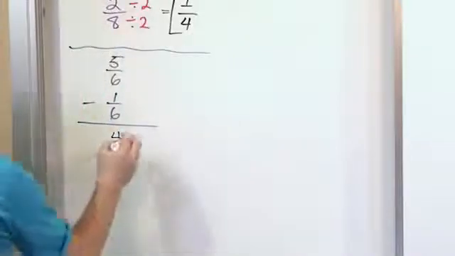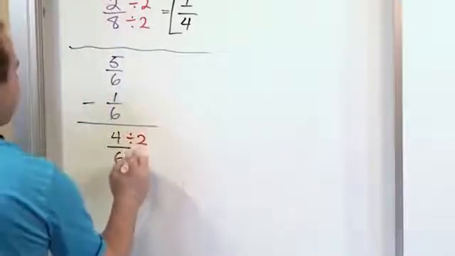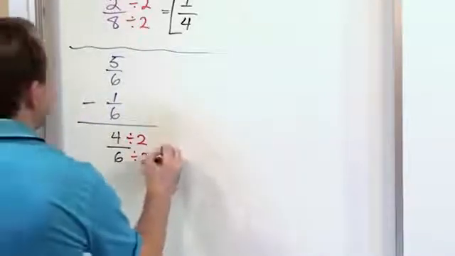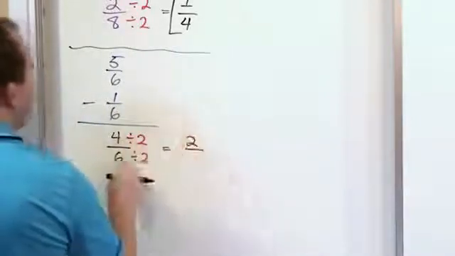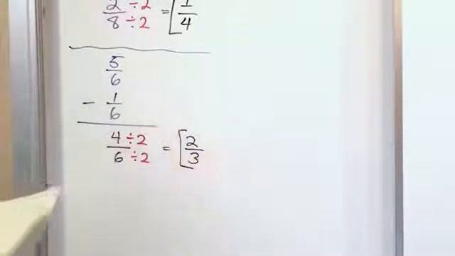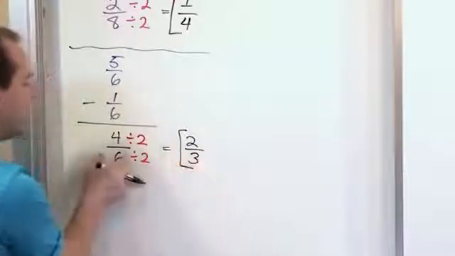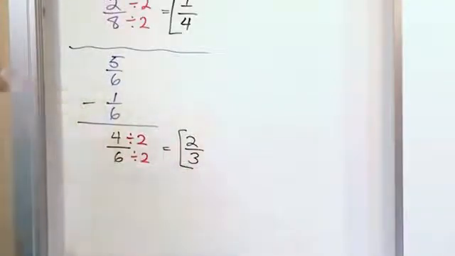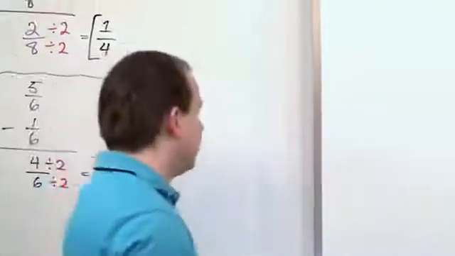And we notice right away that I can divide the top by 2 and the bottom by 2. And when I do that, I'm going to end up getting 4 divided by 2 is 2, 6 divided by 2 is 3. So the answer you would circle is 2/3. It represents the same thing that 4/6 represents, but it just looks a little simpler, so we always do that when we solve our problems.